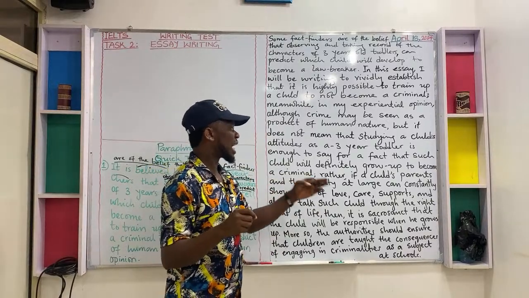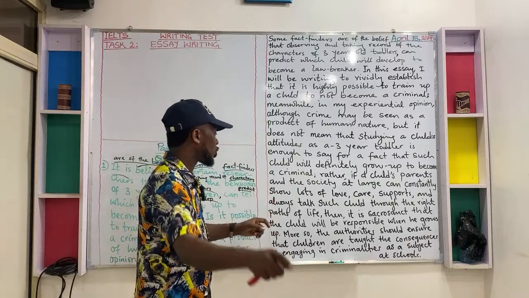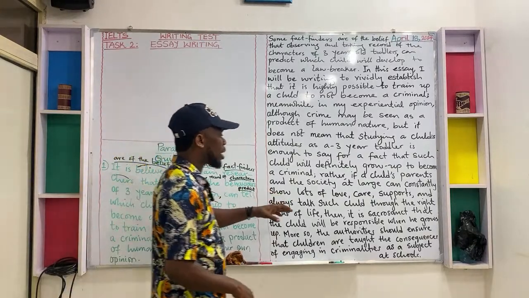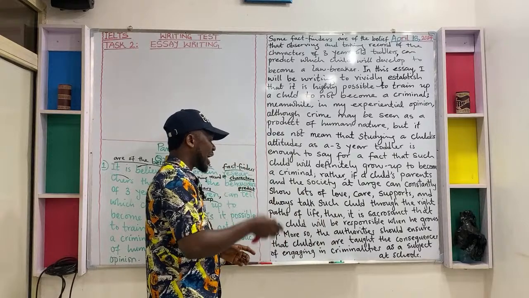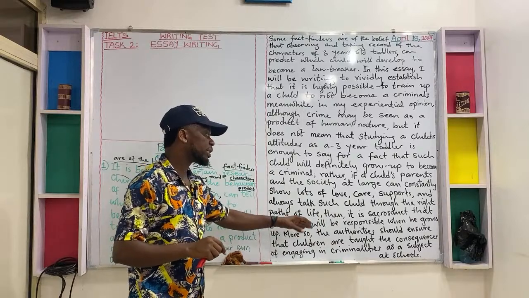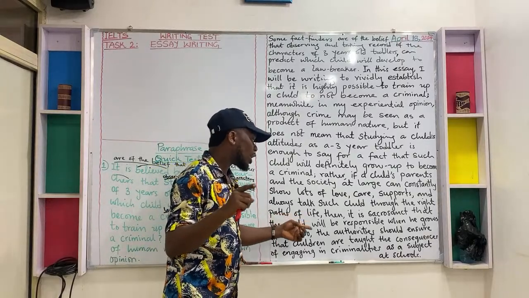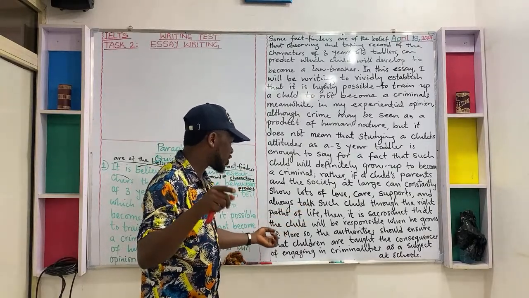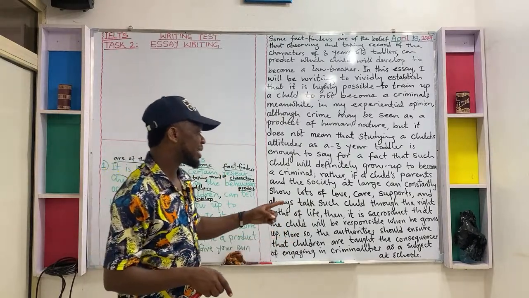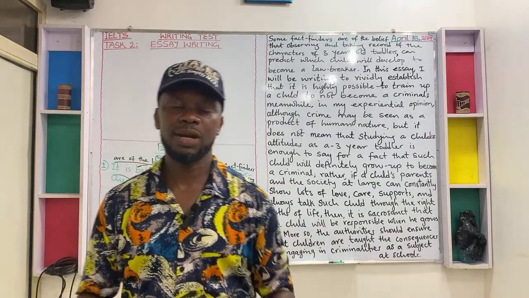Rather, if a child's parents and the society at large can constantly show lots of love, care, support, and always talk such child through the right path of life, then it is sacrosanct that the child will be responsible when he grows up. More so, the authorities should ensure that children are taught the consequences of engaging in criminalities as a subject at schools. So this is my paragraph 1.